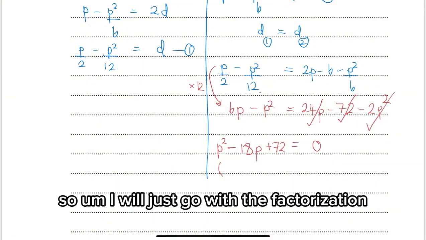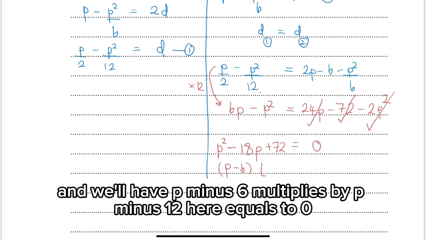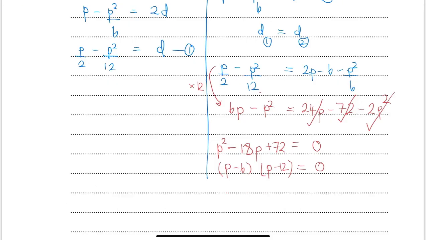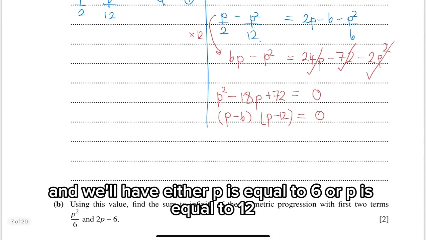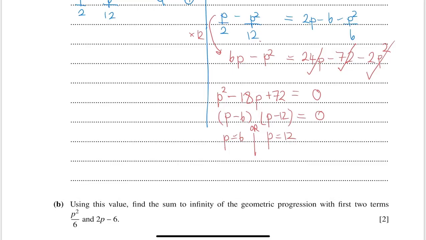So I will just go with the factorization, and we'll have p minus 6 multiplied by p minus 12 equals 0. And we'll have either p is equal to 6 or p is equal to 12.